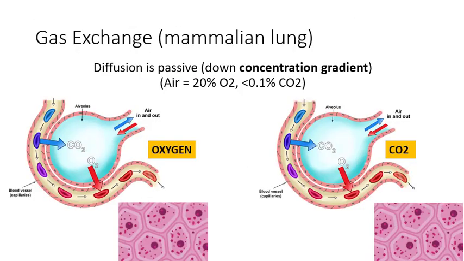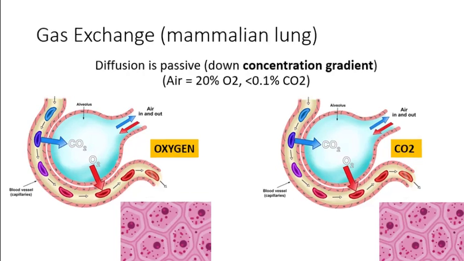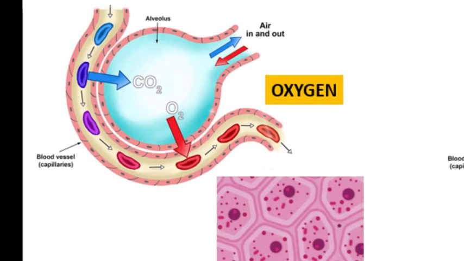Let's now look at how the alveoli in the mammalian lungs work. Remember that each alveolus is like a little balloon. Air is pulled in, so that air will equal what is found in the atmosphere. Atmospheric air is 20% oxygen, so that's what's pulled into the alveolus.